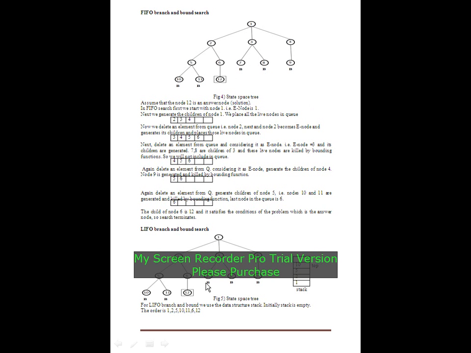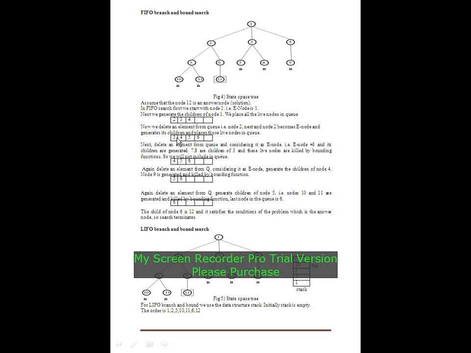But when we come to the LIFO based approach, last in first out order, the expansion of the state space tree is the same. But here in FIFO based branch and bound, we are using a queue structure. So first, node 1 is already processed. The branches of 1, that is 2, 3, 4, are inserted as E nodes in the queue.